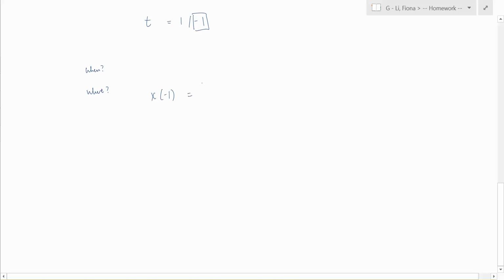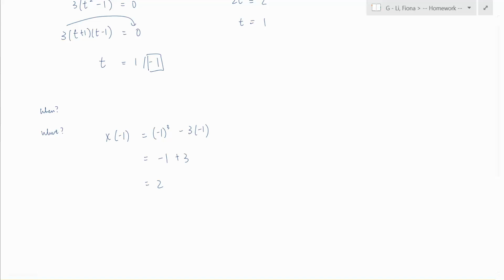So we get -1 cubed minus 3 times -1, excuse me for that. So we got -1 plus 3, so we'll end up with 2.